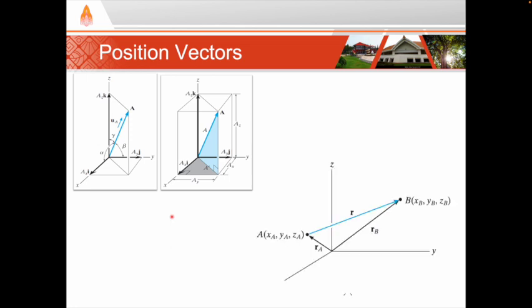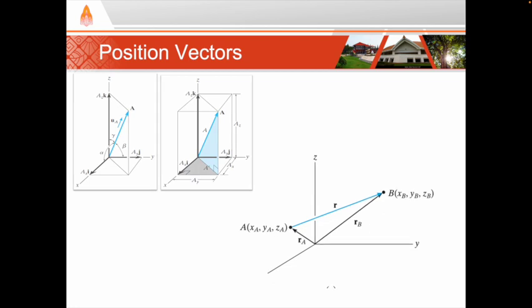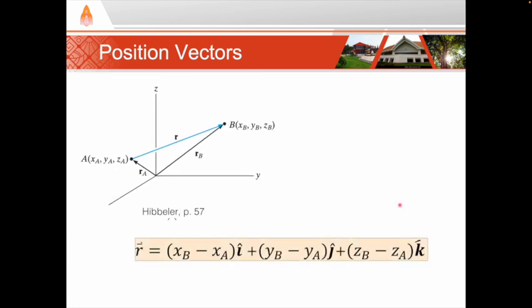Instead, we have the coordinate locations of 2 points, and we know that the vector goes from one point to the next. So for example, this vector r goes from the point A to B. If we know the coordinates of points A and B, we can easily define the vector r by finding the difference between the x, y, and z coordinates at points A and B. So we can use this equation to define the position vector.